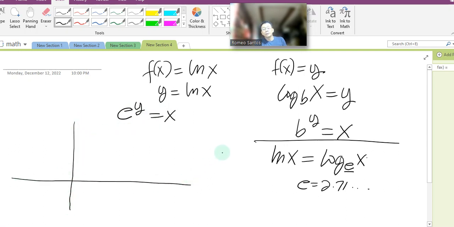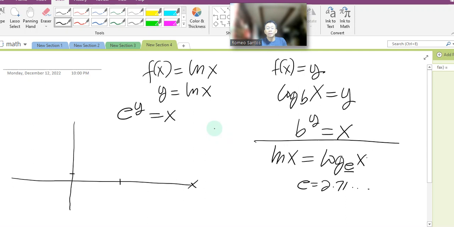For every x value, you will have a corresponding y value. It is better to solve it this way: you substitute a value into y and you solve for x.